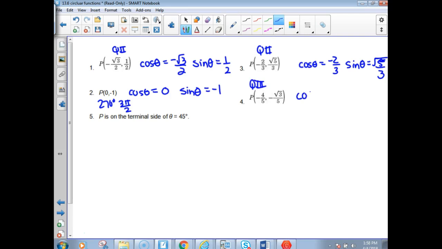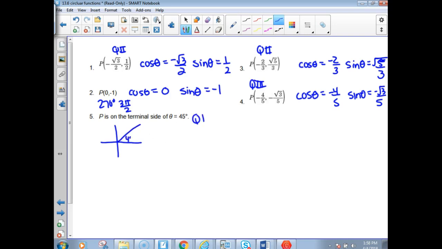But the cosine of this answer, whatever theta is, I did not bother to figure that angle out. The cosine of theta equals negative 4/5. And the sine of theta is negative square root of 3 over 5. Now it says P is on the terminal side of theta equals 45 degrees. We should know where that is, of course. That's quadrant 1.